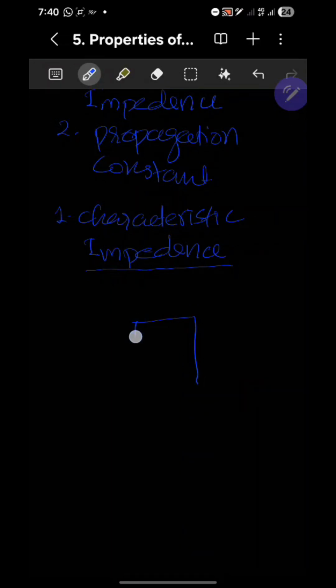If we have a symmetrical two-port network, you can read this as 2 bar as a 2-port. This is just my notation for simplicity.